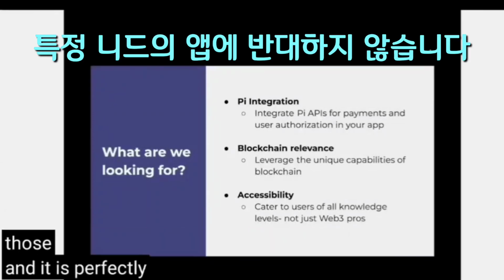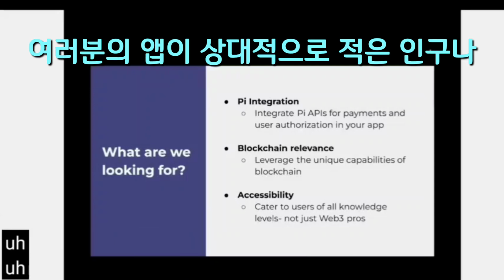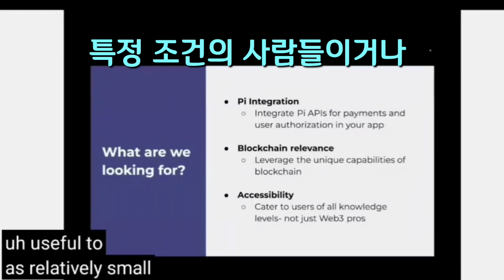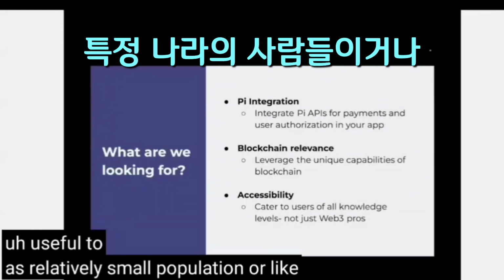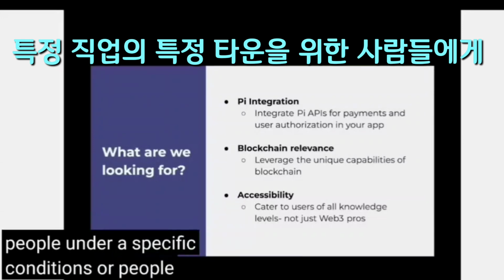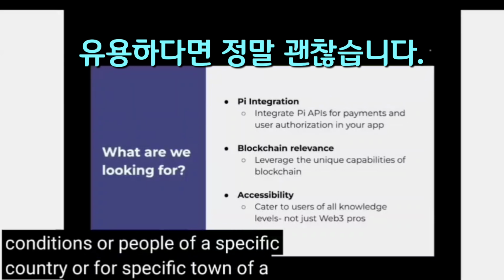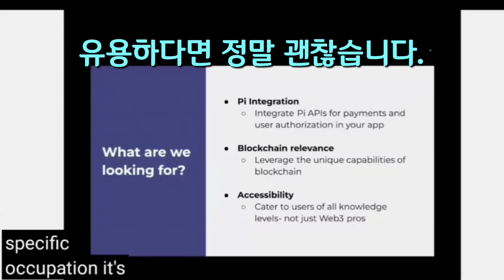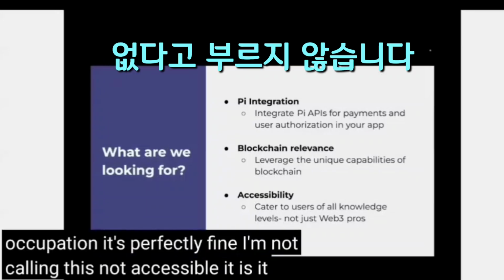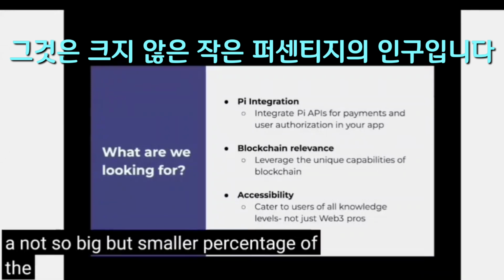And it is perfectly okay if your app is useful to a relatively small population, or people under specific conditions, or people of a specific country, of a specific town, of a specific occupation. It's perfectly fine. I'm not calling this not accessible. It is a not so big, but smaller percentage of the population.